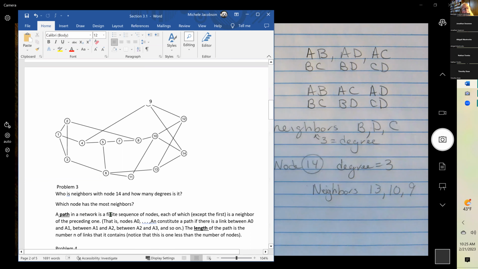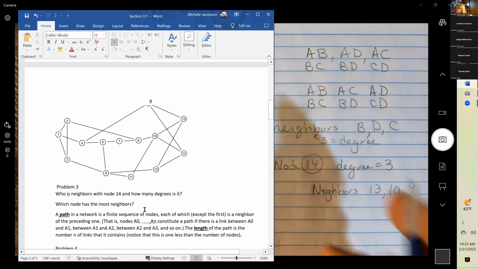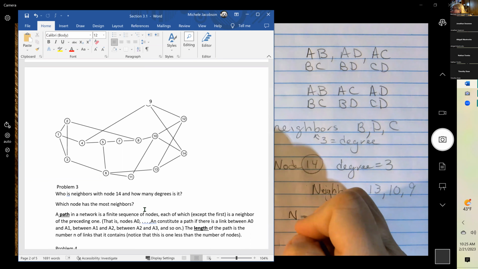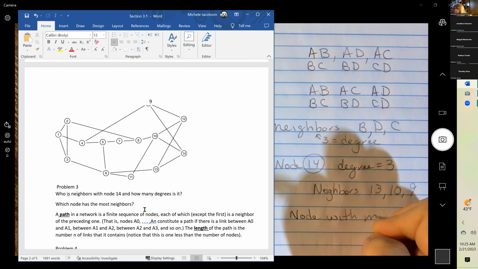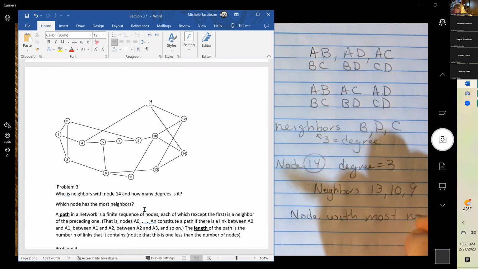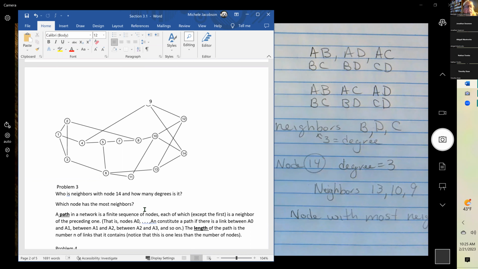Which node has the most neighbors? Ten. Okay, let's see, 10 has 4. Does any have more, or is there one tied with 10?